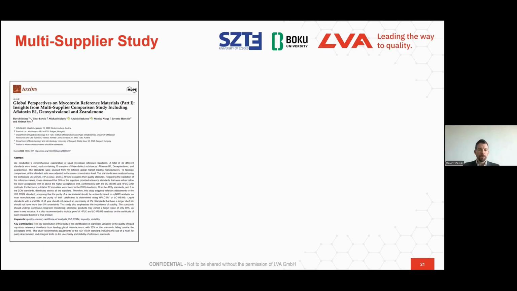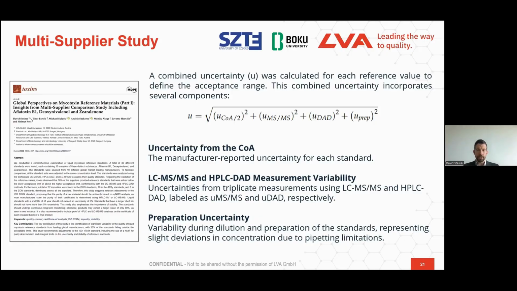And to ensure comparability, all standards were adjusted to the same concentration level and analyzed in triplicate. The measurements were performed using LC-MS in collaboration with BOKU University, as well as HPLC-UV at LVA. So based on this, we have also established individual acceptance criteria, taking into account the uncertainty stated in the certificate, the analytical variability from the two methods, and also the influence of the uncertainty coming from the sample preparation.